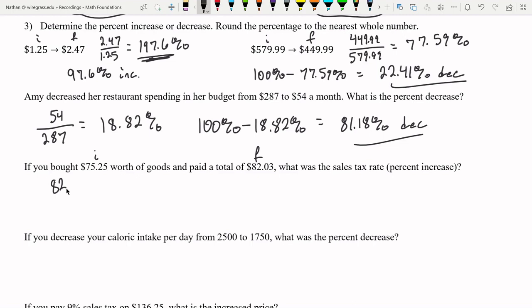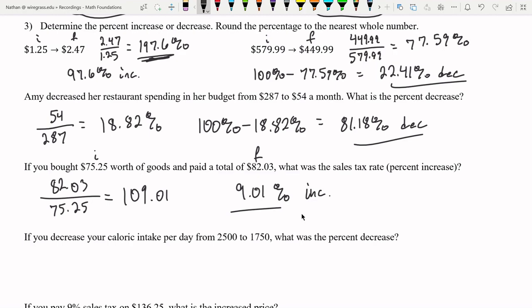So our final divided by our initial gives us, as a percentage, 109.01, or a 9.01% increase. So the sales tax then is going to be 9.01%.